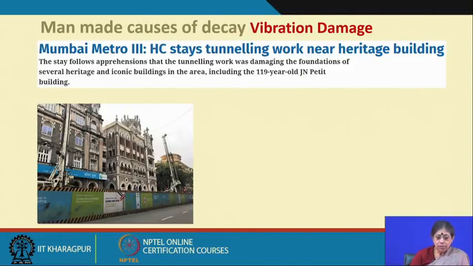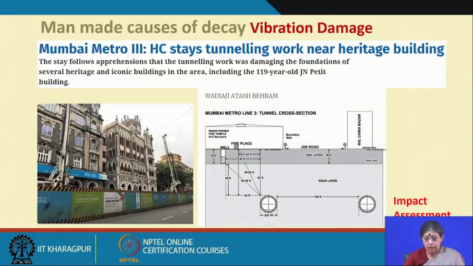You can see that in Mumbai Metro also, tunneling work near heritage buildings is really causing problems, because they go very close to the heritage structures. And so, what is important here is that we are not saying that no development work can be done nearby. What is important is impact assessment through proper expertise and precautions.